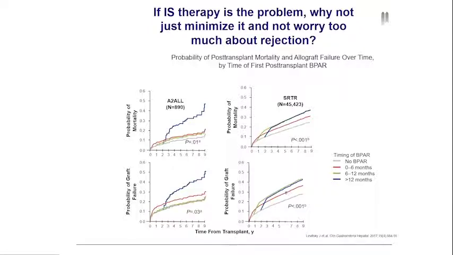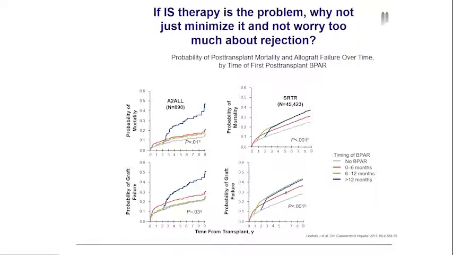And so we performed a study in which we looked at 2 cohorts, A2ALL and SRTR, and found that patients with the absence of acute rejection postoperatively had the best survival, graft and patient survival.